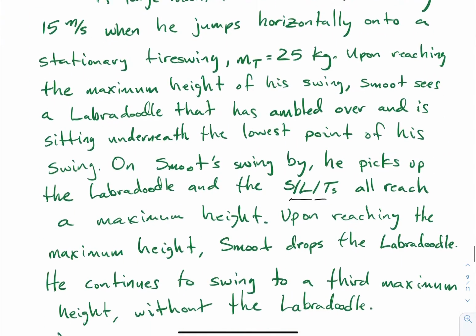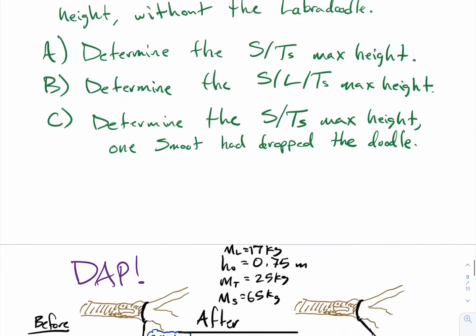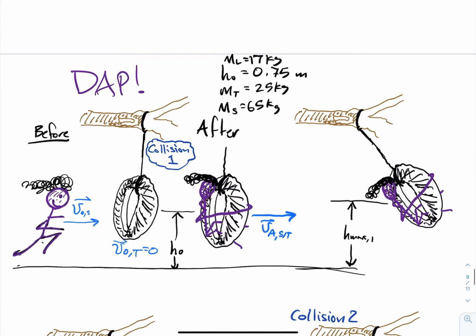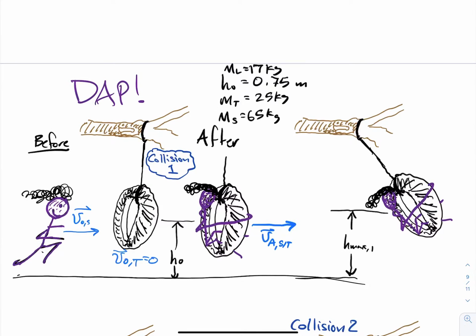Okay? So I went ahead and drew a few pictures to help sum up what we just read, which again is pretty long-winded, but I broke it into a few pictures, so I'll walk you through them. Sorry again for my art, it's no good. Our first picture shows the first collision. We have Smoot running with his initial velocity and the tire swing just hanging there. I noted that the tire swing has some initial height.